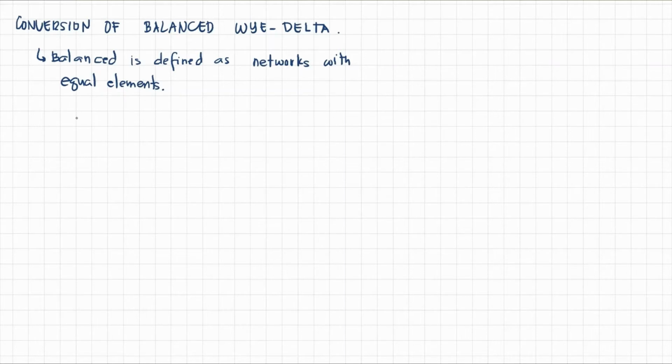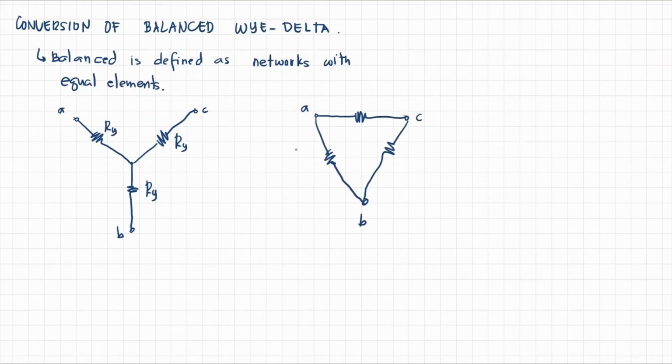In other words, if you are Y-connected, the values of the three resistances should be equal. So say for example, you have Y-connected resistances and we just call it RY, and they are all RY, so they are equal. And we are interested in converting that into a delta, which we just call the R delta equivalent. So we are interested in converting one to the other. They are equal, so the system is balanced.